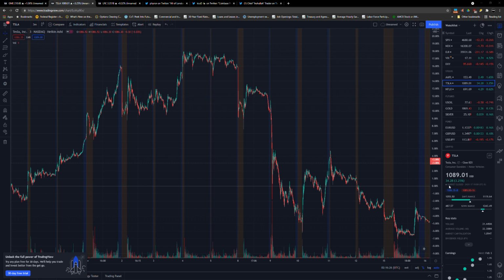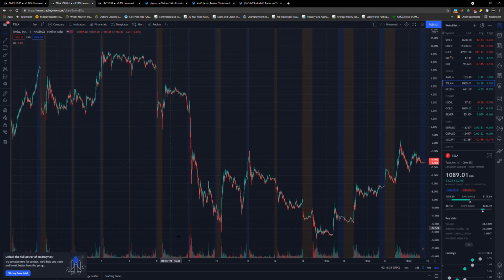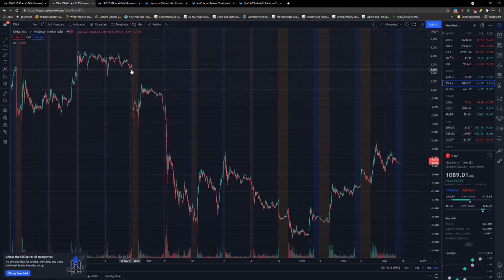The 8th. Okay. So the 8th was the first day of trading where Elon said that he would be selling a bunch of his shares of Tesla, and it barely went down.